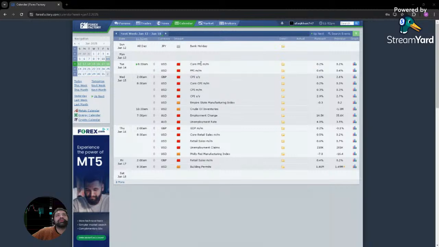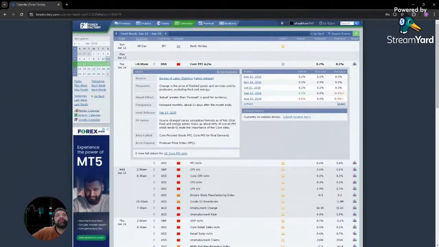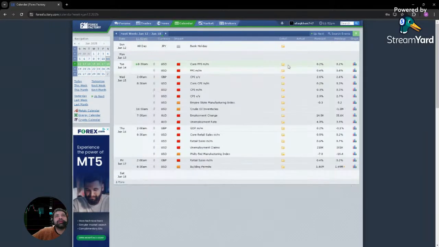These are the data that is specifically for the change in the price of the finished goods and services sold by the producers that exclude the food and energy, and specifically it is one of the greatest indicators for inflation as well, along with the CPI. So it's more related to the prices specifically of the finished goods and services.